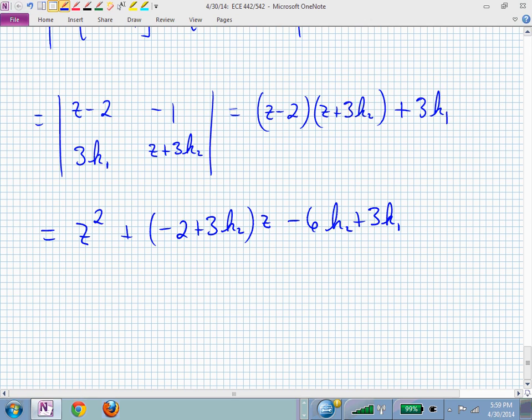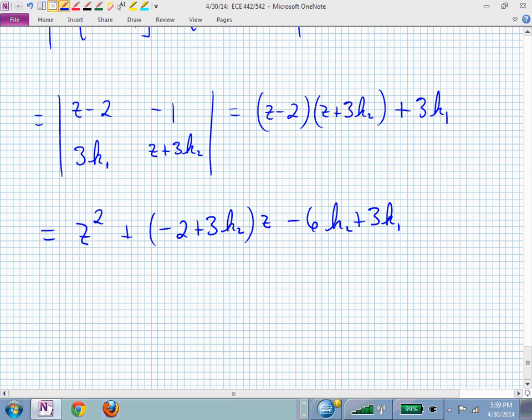What you want is the remaining coefficients to be independently adjustable. And you can see that that's true in this case. The linear coefficient we can set to whatever value we want by the choice of k sub 2. And once we've picked k sub 2, that's fixed, but now this constant coefficient can be adjusted by adjusting k1 to be whatever value we need it to be. That's what we're wanting to do.